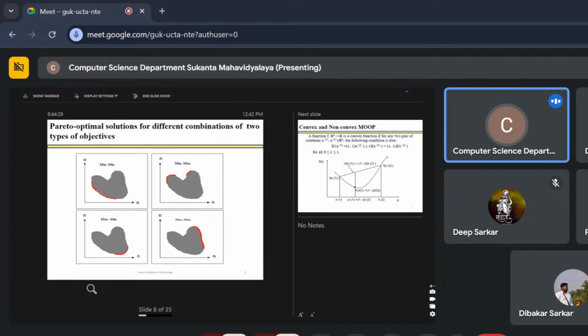When it comes to the others, for example, this is min max. There is a discontinuity in between, which I am going to explain very soon. This is your max min. Naturally, the pull is horizontally along this direction, vertically downwards, rightward and downward. So this is where your best points are expected to lie. And this is max max, where your solutions are expected to lie.